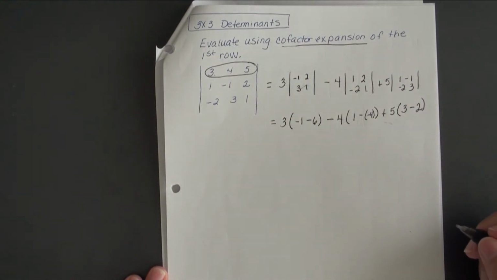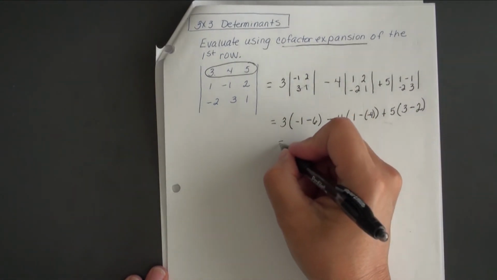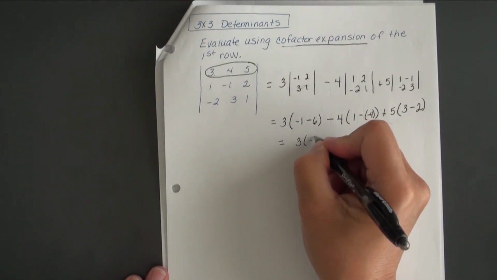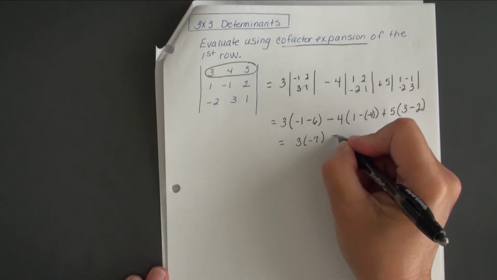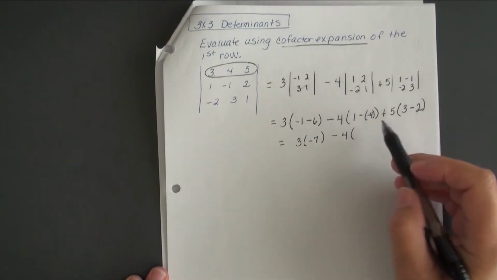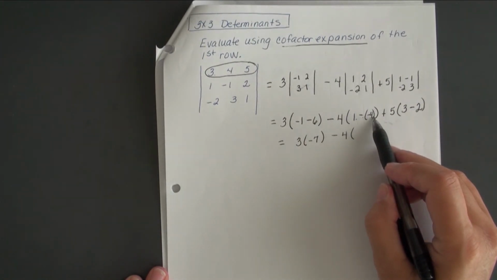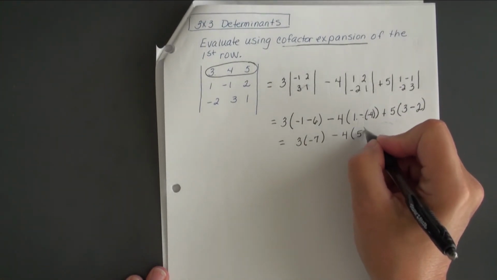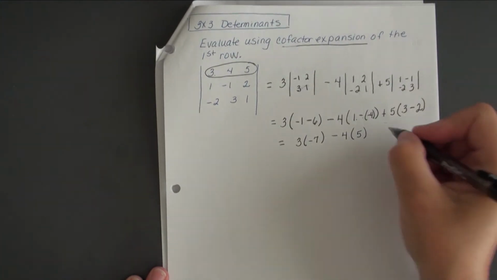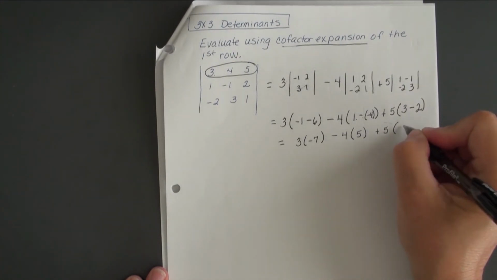Now from here on out, it's just arithmetic. So I'm going to have 3 times -7 minus 4 times 1 minus a -4 is 1 plus 4, or 5, plus 5 times 1.